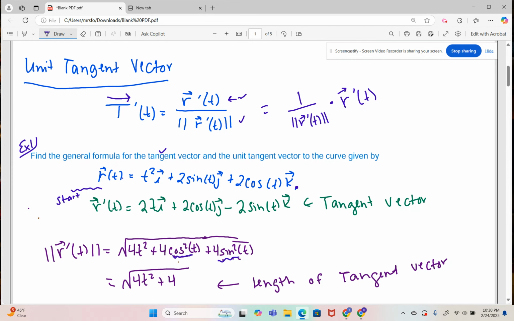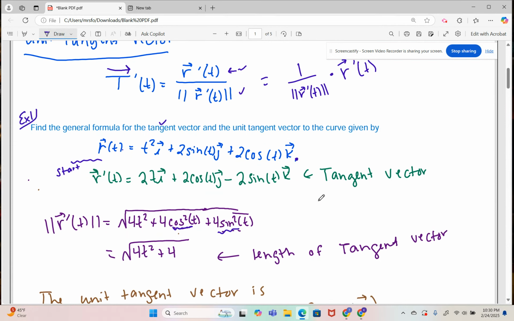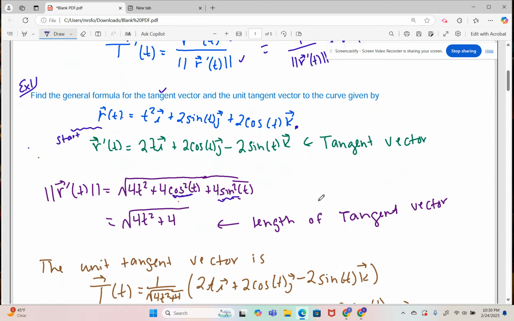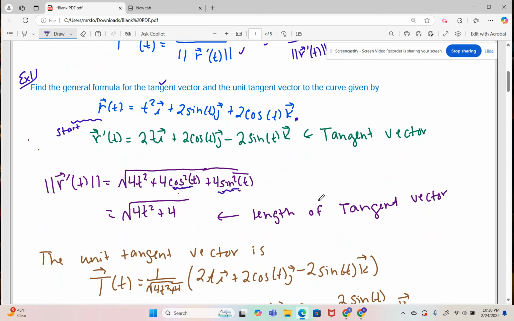That's the way I'm going to set it up when writing the unit tangent vector. So I have 1 over the length of the tangent vector multiplied by the tangent vector.